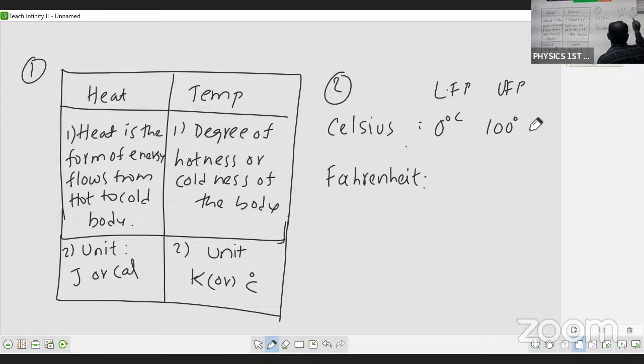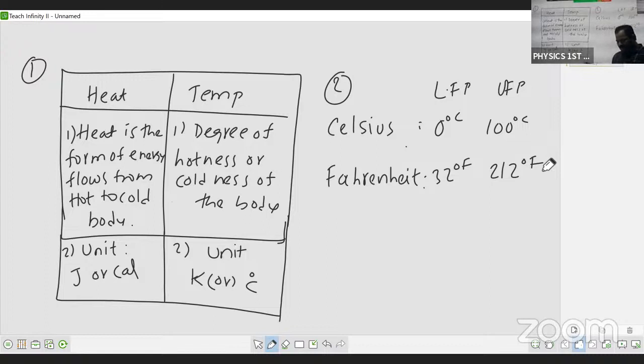UFP means upper fixed point, 100 degree Celsius. In Fahrenheit, 32 degree Fahrenheit to 212 degree Fahrenheit. Lower fixed point: Celsius scale 0, Fahrenheit scale 32 degree Fahrenheit. Upper fixed point: 100 degree Celsius on the Celsius scale, 212 degree Fahrenheit on the Fahrenheit scale.